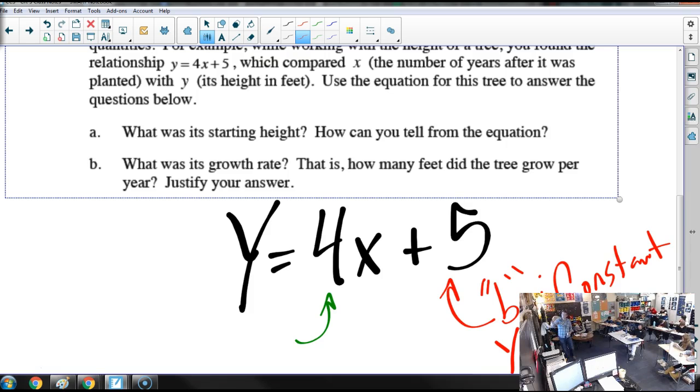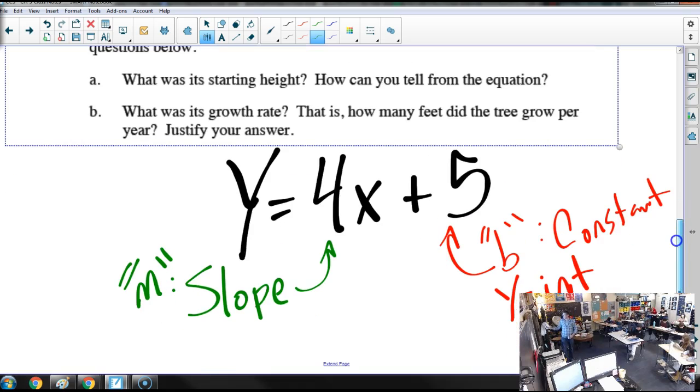The slope or the growth, right? So it is the m, we said, but really that means it's the slope, or we've also called it the growth. Yeah, we find it with rise over run. We want to remember what these things are.